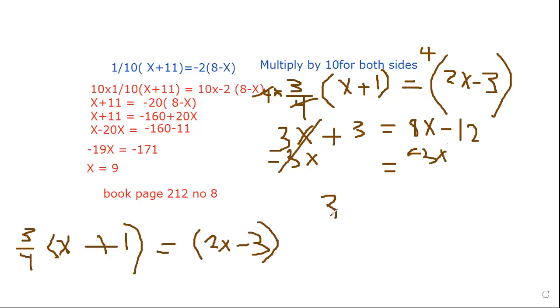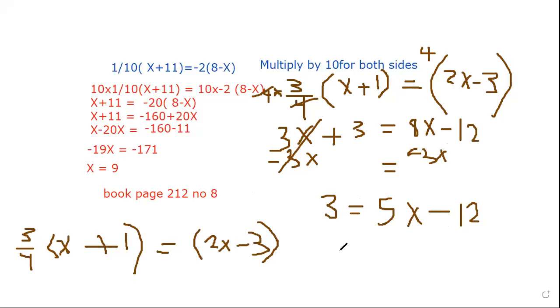So we have 3 equal 5x minus 12. What is the next step?